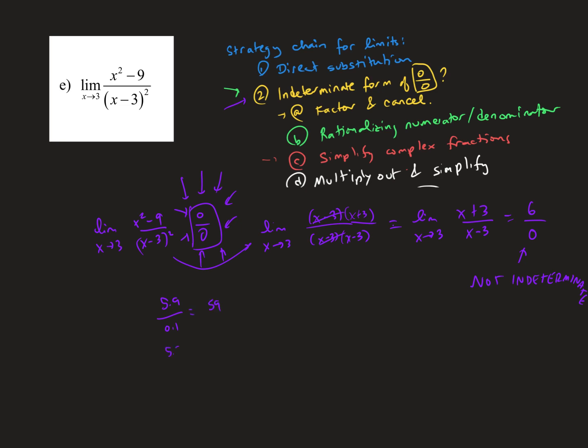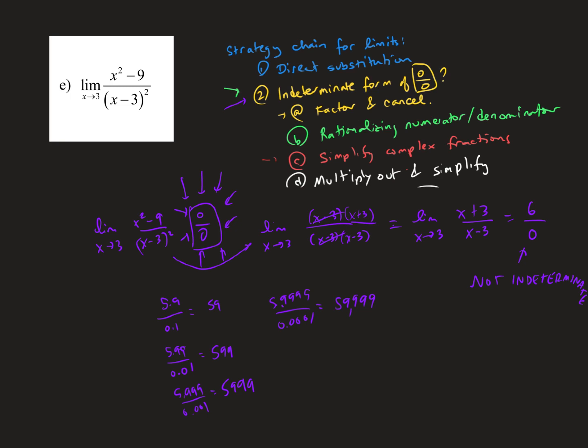If I were to do 5.99 over 0.01, that would give me 599. 5.999 over 1,000th gives me 5,999. If I were to keep going like this, as I get closer and closer to 0 on the bottom, my fraction is going to get larger and larger and larger.